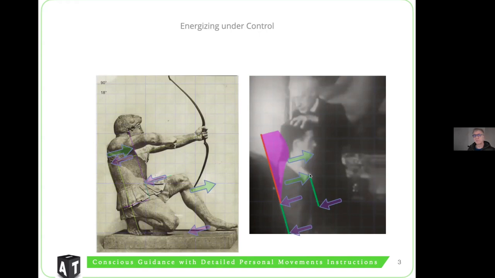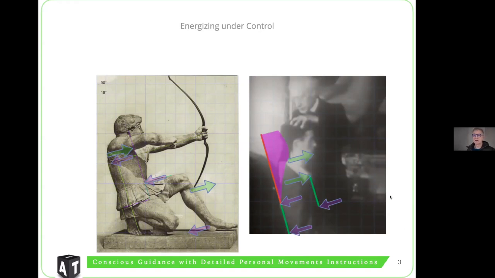For example, on the right-hand side, it's a very well-known part of the film where Alexander is seen giving a lesson to a young Irishman. It's four years before his death, so he's the elderly Alexander here. What he's seen performing is to have the student lean back.